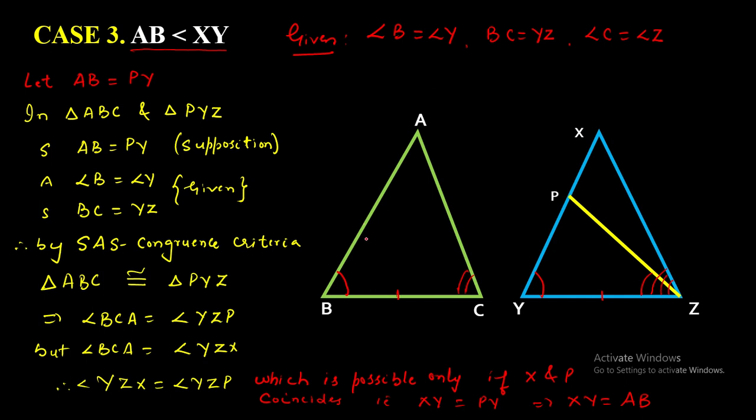Then we can use the SAS congruence criteria and prove that the two triangles ABC and XYZ are congruent. This was proved here: if in two triangles, two angles and the included side of one triangle are equal to two angles and the included side of another triangle, then the two triangles are congruent.